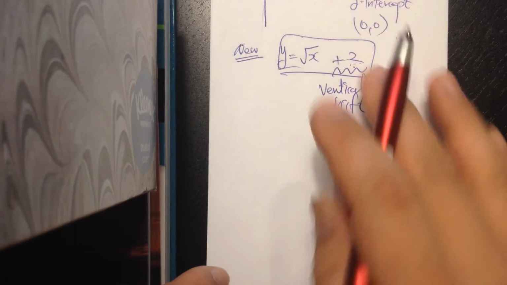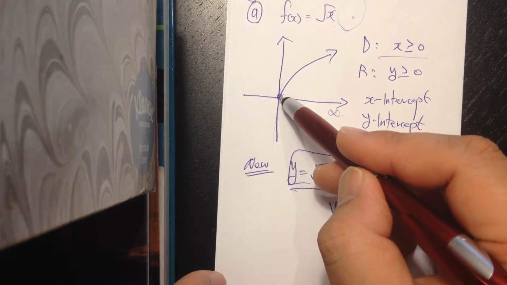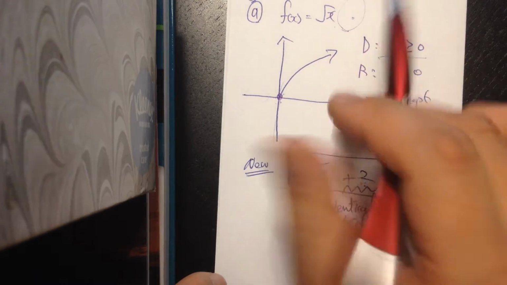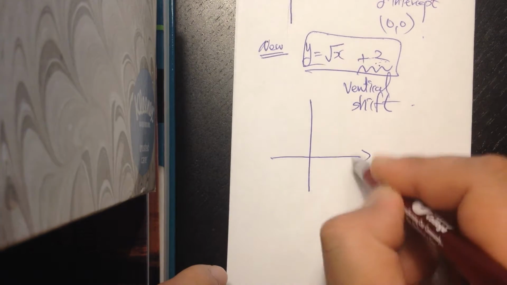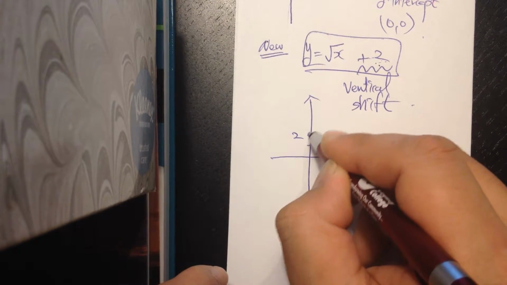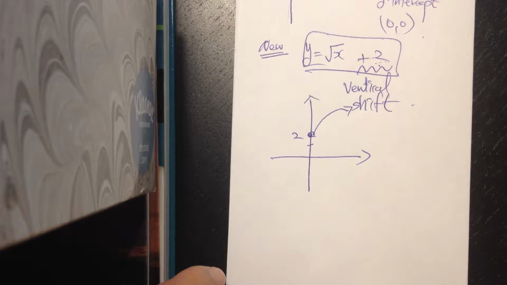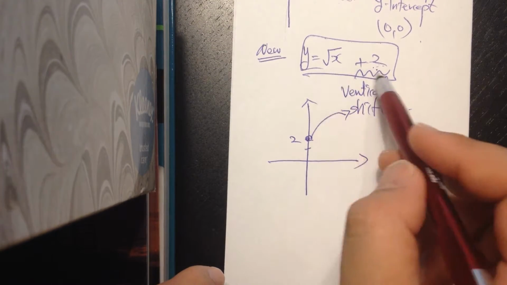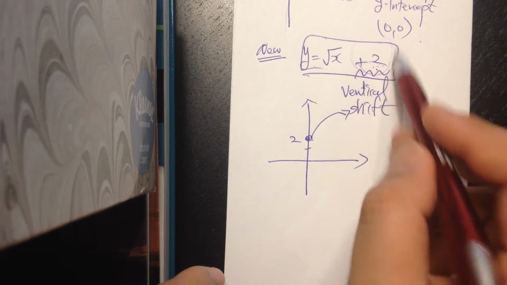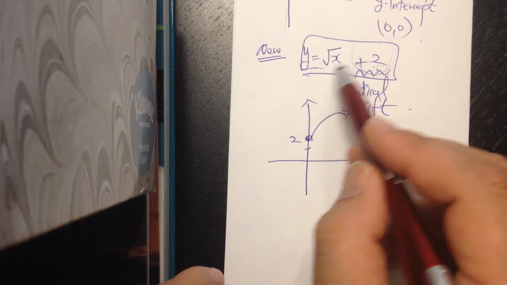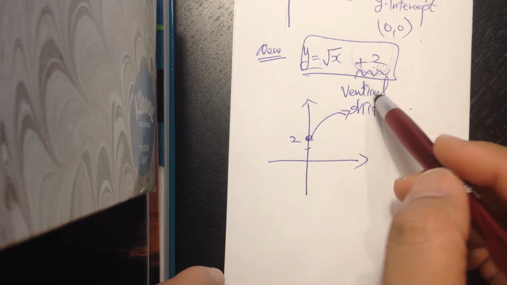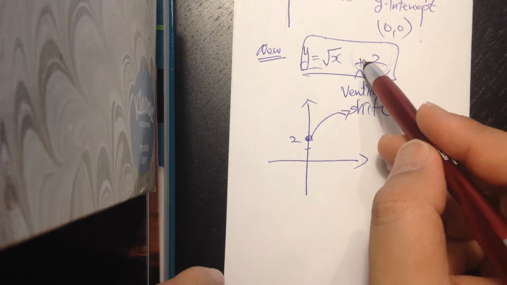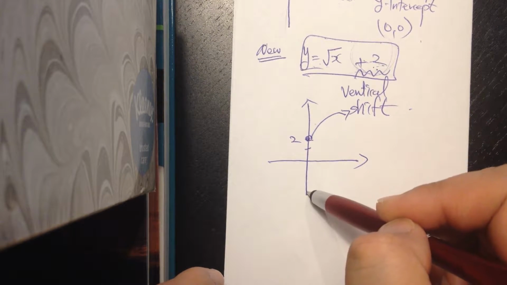So basically from the origin, we're going to bring the entire function up by 2 units. So therefore, this is going to look like this. Okay? So just watch out for functions that have a constant at the end and no middle term. Then we could bring it up, or if it happens to be negative 2, then we're going to bring it down by 2 units.